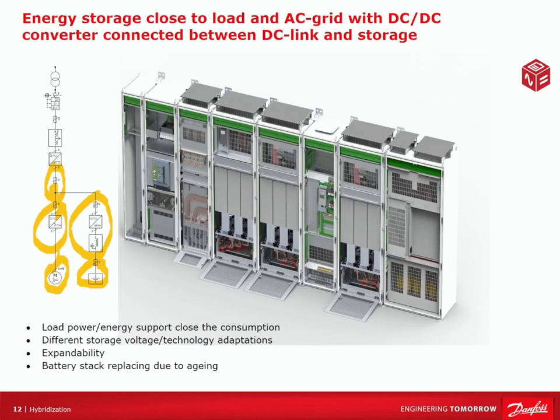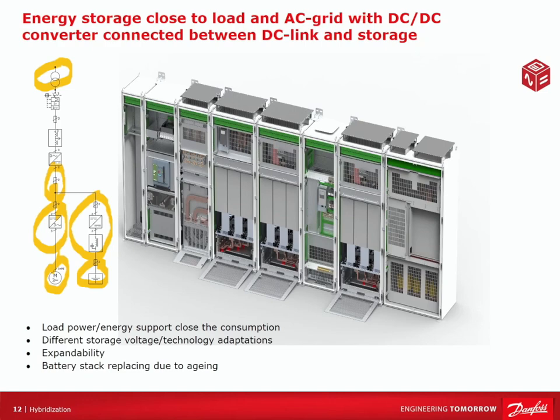If I consider the fact that my source up here could either be a grid or could be a genset in the case of a mobile application, my DC bus voltage is going to be dependent upon that genset or that AC grid that's powering. And so my battery may or may not match the voltage necessary for that DC bus. So I will have this DC to DC converter to compensate for that.